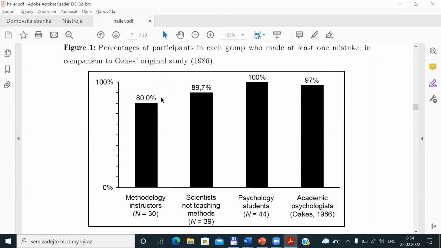And it is also discussed here in this article that even the best books in psychology, by which psychologists were prepared to analyze data and statistics, were full of mistakes. So that's quite easy to understand that also students and also teachers who are teaching these students are not correct.